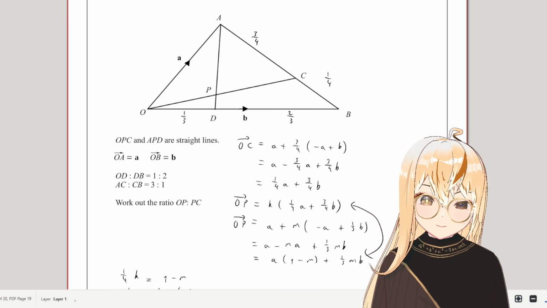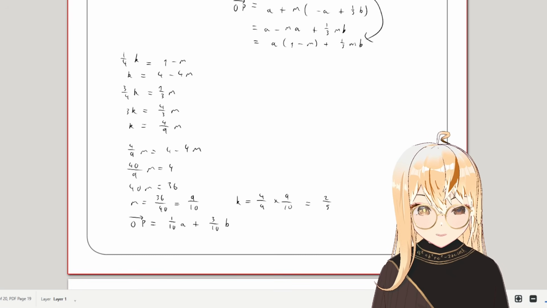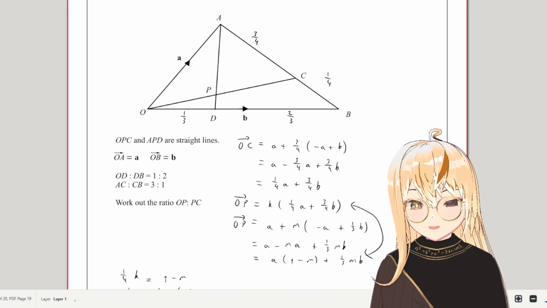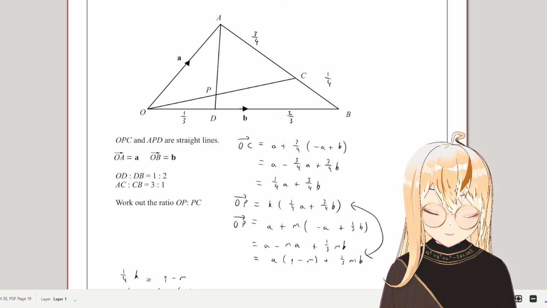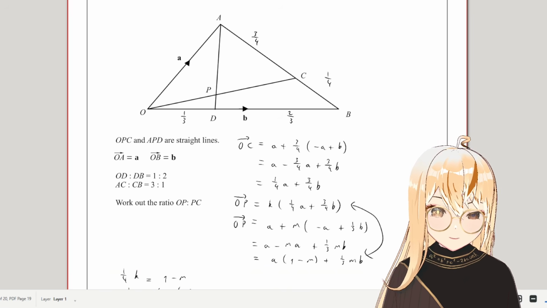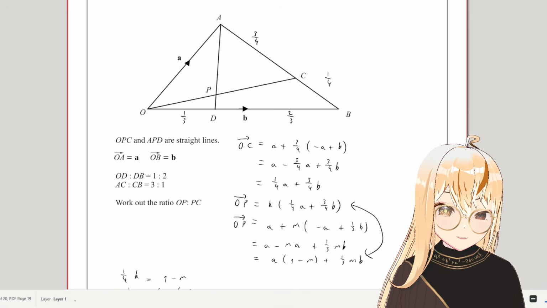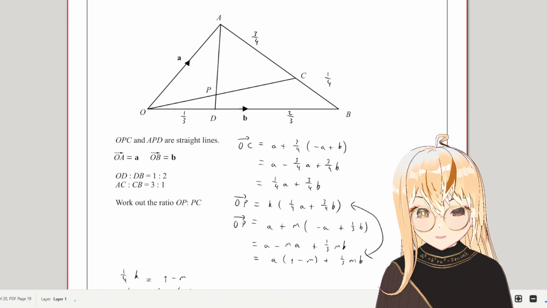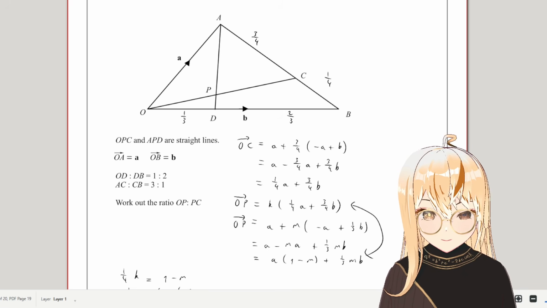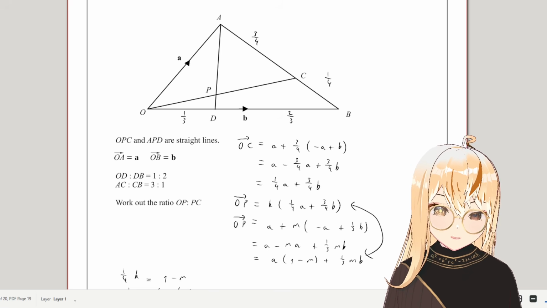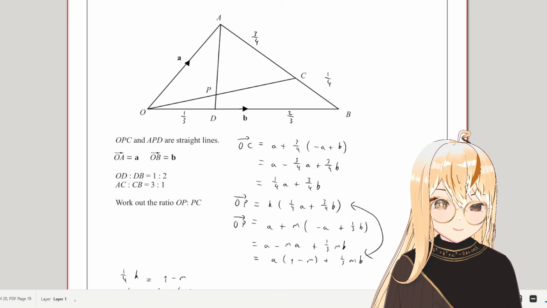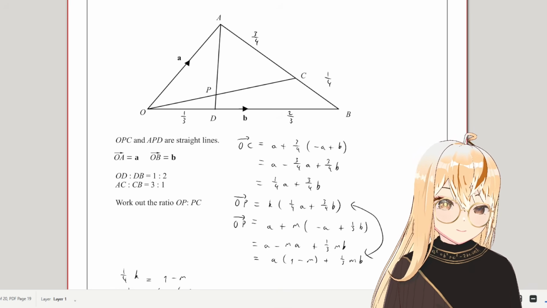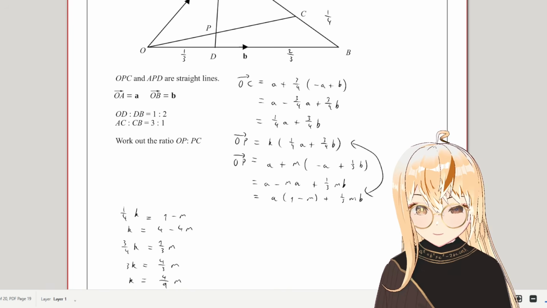So now that we've got k as 2/5, we know that OP is 2/5 of OC. And so our ratio is OP to PC, which means that PC is 3/5 of OC. Which would mean that OP to PC is 2/5 to 3/5, or simply 2 to 3.